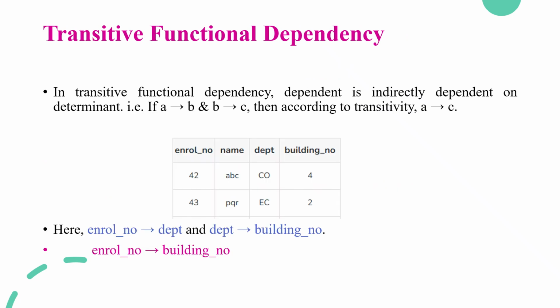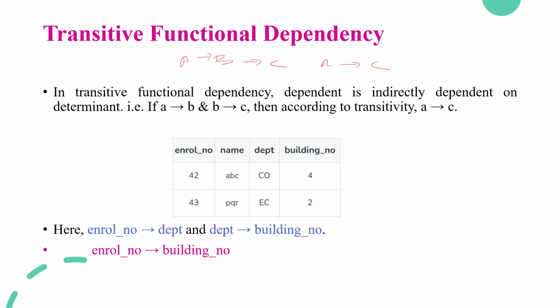And next is the transitive functional dependency. We know this transitive property, no? If A determines B and B determines C, I can say A determines C. In a transitive functional dependency, the dependent is indirectly dependent on the determinant.